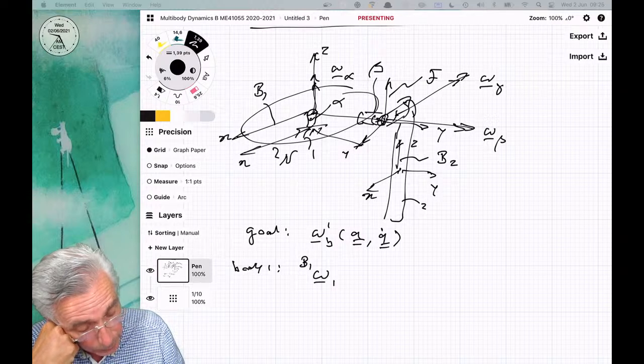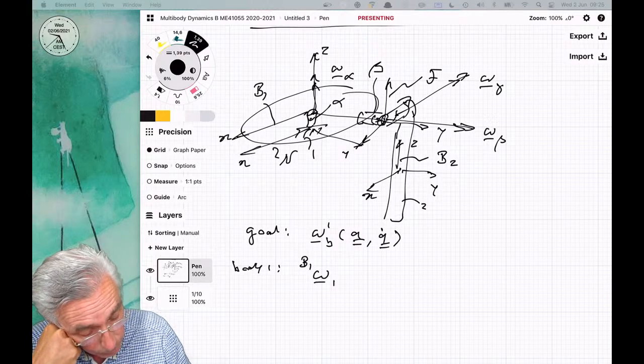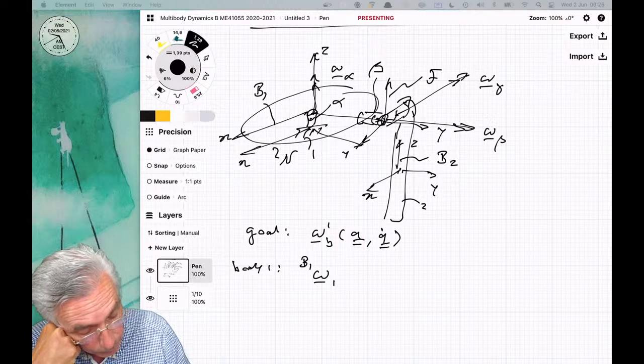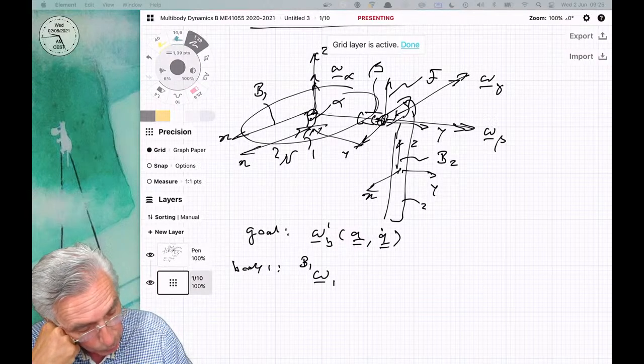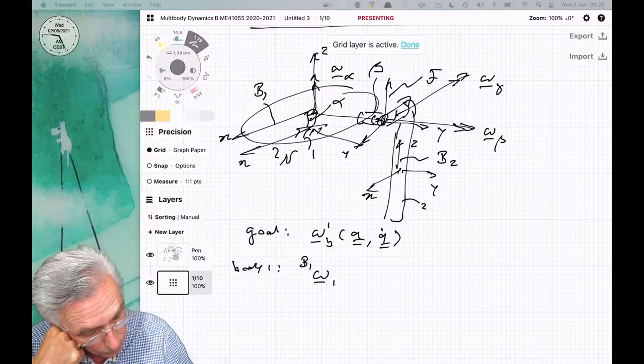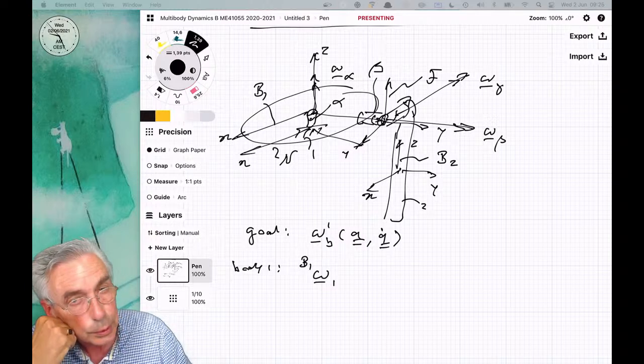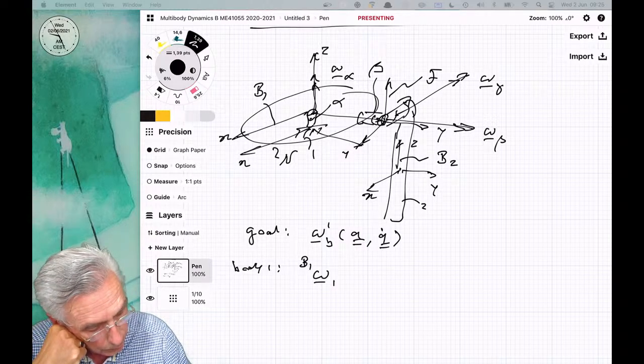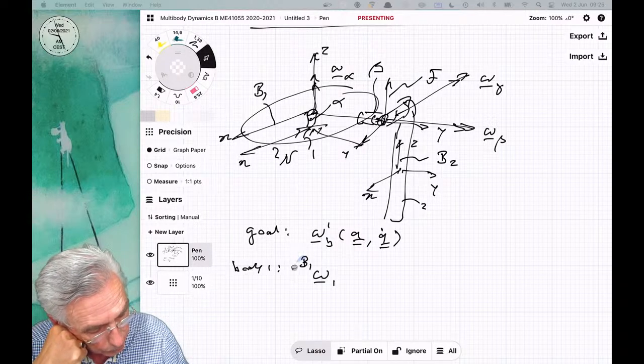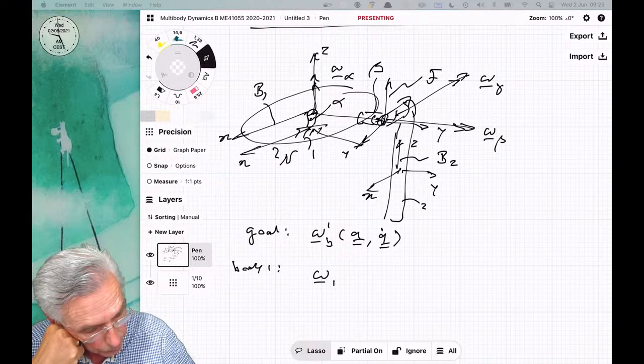And what is that? Well, yeah, I know already that this omega. Well, no, let's stop. Let's do an intermediate step. We're not going to express it yet in a frame. First, we write the vector equation.